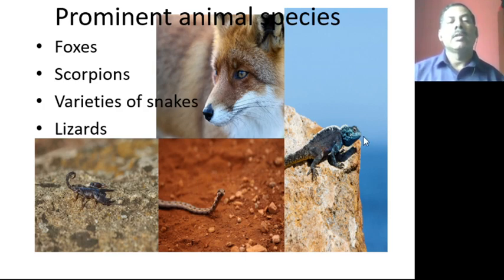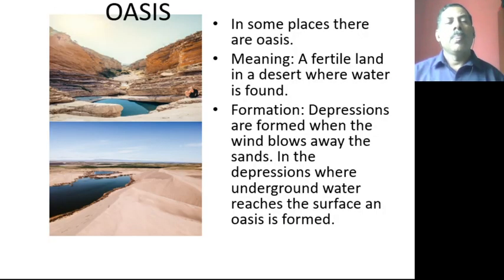And the third one is lizards, the forest lizards, the big lizards that you are going to see in Africa. So these are all the prominent species that you are going to see in the forest of Africa.